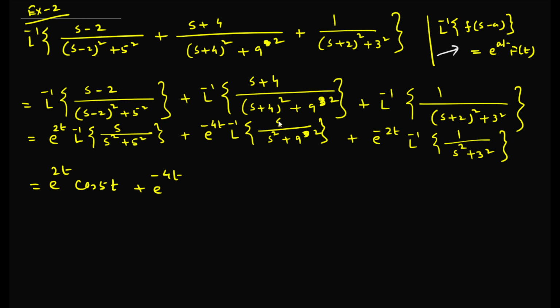So again s divided by s square plus 9 square will be cos 9t. And then e to the power minus 2t, the last one is what? It's a 1 there, no? So it is sine at by a, sine 3t by 3. Okay, so the problems are very, very simple, but you have to understand which formula we are going to use.